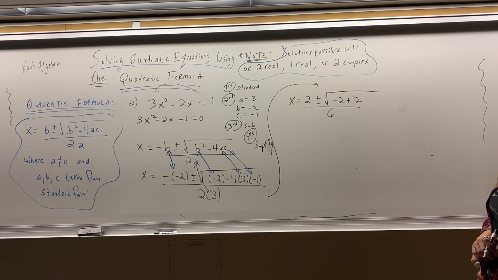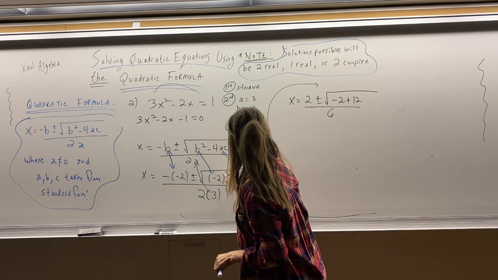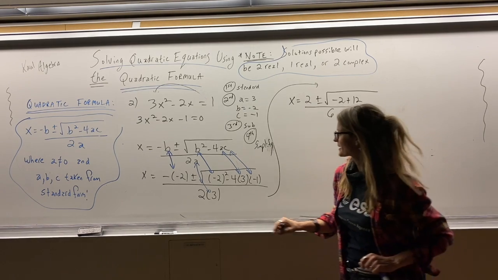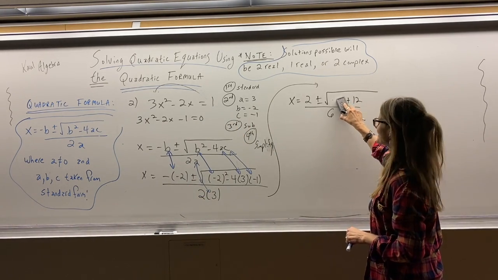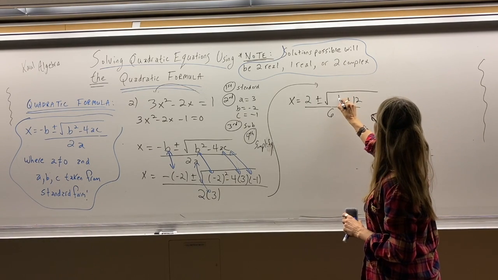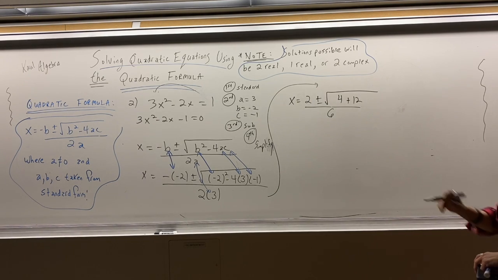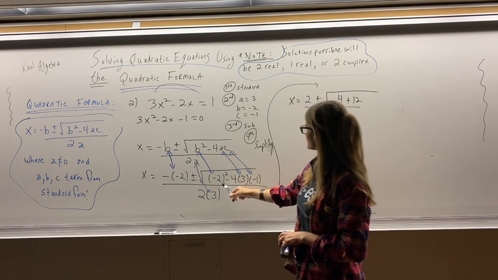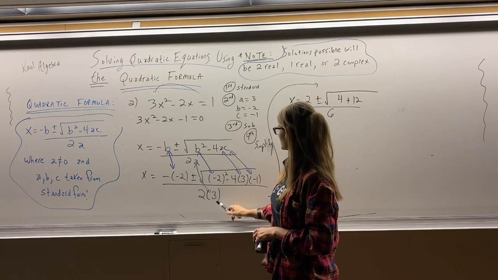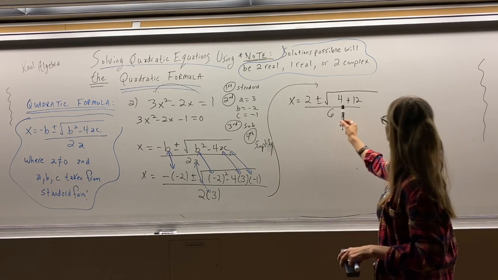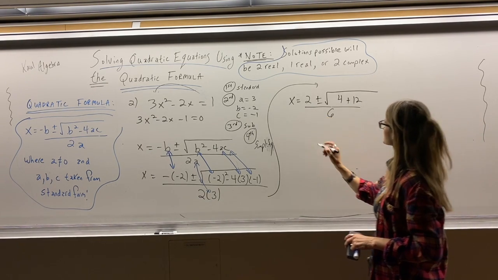B is 2. Oh, wait a minute. This is 2 squared. Excuse me. So this is why double checking is good. I caught my own error. This should be 16 right here. Good. So here we have our substitution. Correct, correct, correct. Good. So this gives me 4 plus 12. And looks like everything else is good.